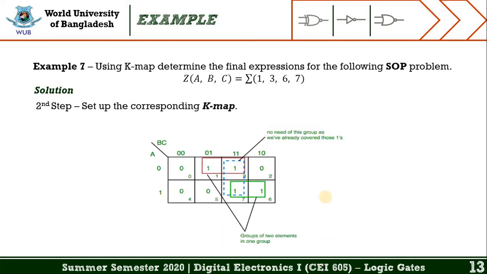Using a K-map, the second step for this problem is to set up the corresponding K-map. We already know there are 3 inputs, so since the input number is 3, we need 2 to the power 3, which equals 8 cells.